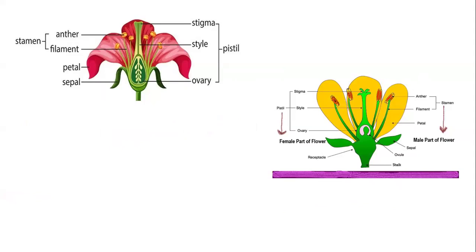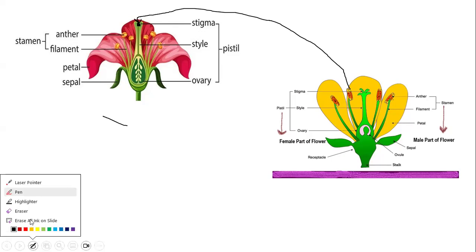Now, let's say, for example, you have a bee or the wind take this pollen grain and send it over to this stigma. Is that self-pollination or cross-pollination? Cross-pollination. Why? Because the pollen came from another plant.